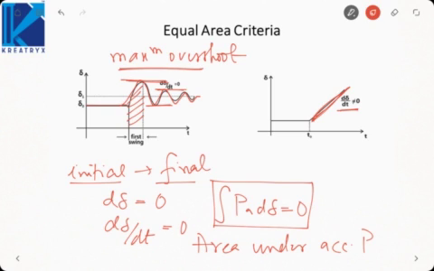First swing means when δ moves from the first minimum to the first maximum. So the equal area criteria is the first swing stability criteria. The condition becomes that the integral of Pa dδ must be 0, that is, the area under the accelerating power curve must be 0.